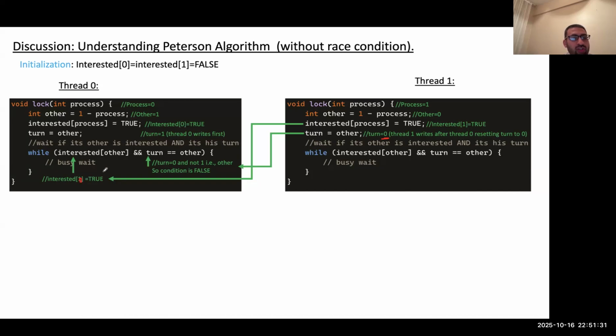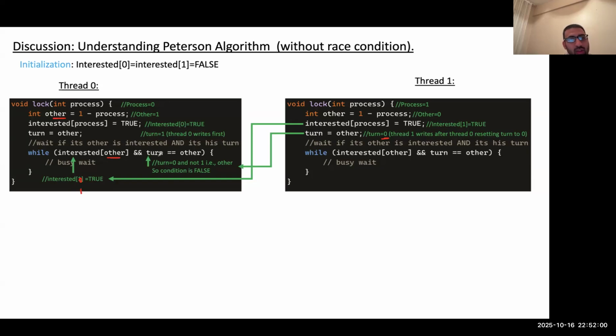I showed you on the note that interested is set equal to 1 for both elements, right? And turn is equal to other. No, sorry, my mistake. Here this other is the local variable. What was the value of other? 1. So here it is 1. So interested 1 is equal to true?